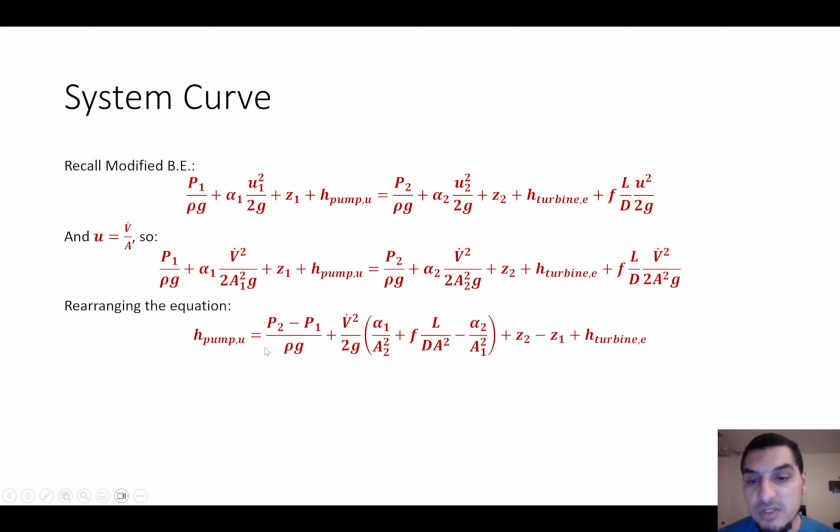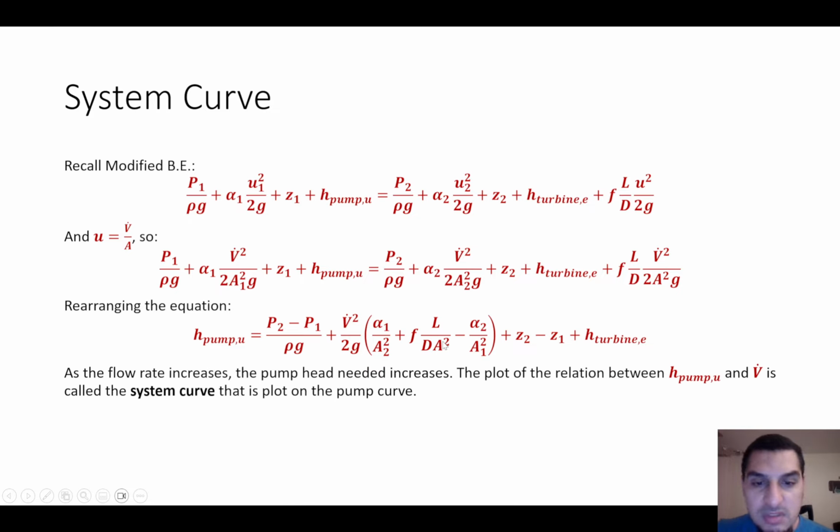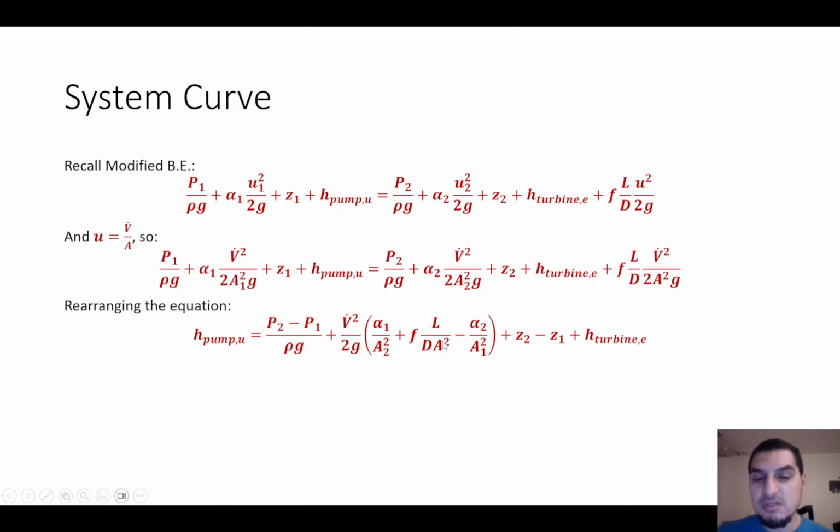So this equation is also giving a relation if we consider that the pressure is constant, the difference in height is constant, and the turbine head is constant. Of course the areas are constant too. If all the other parameters are constant, it gives us a relation between the volumetric flow rate and the pump head.